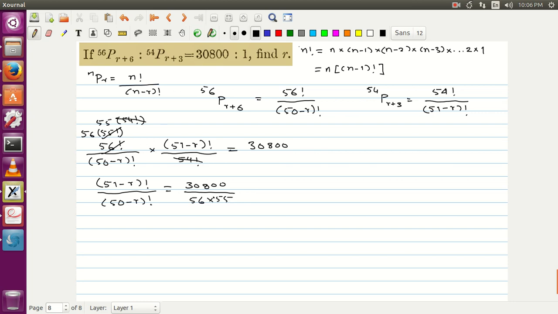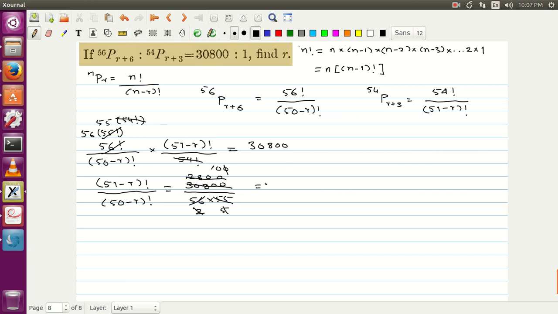Now 11 times 5 is 55, 11 times 2 is 22, so 11 times 8 is 88, 2800. Now this is 56, so this is 28 times 2 is 56, 28 times 100 is 2800, 5 times 2 is 10, and you will be left with 10.